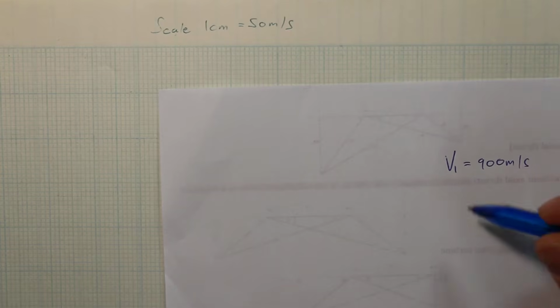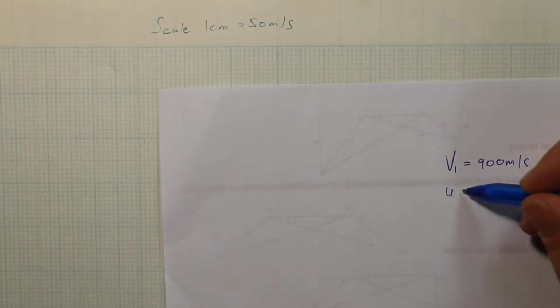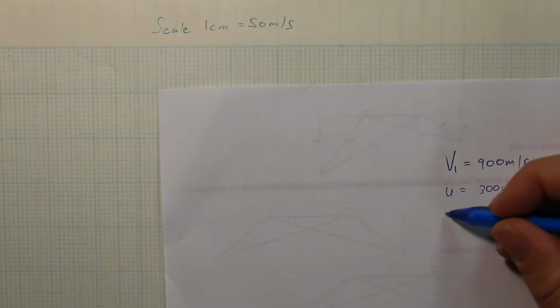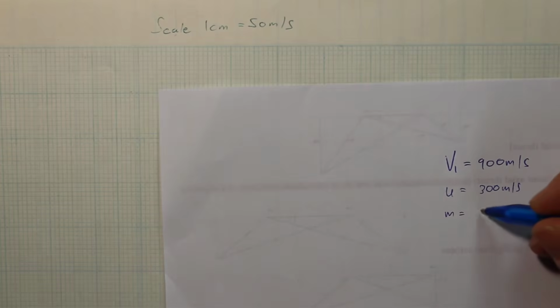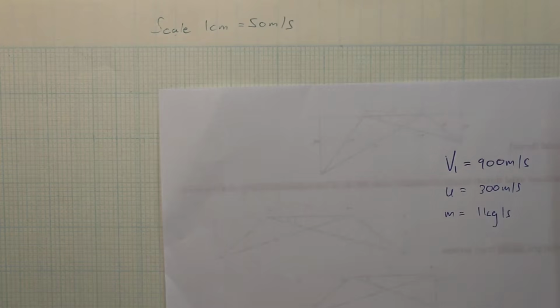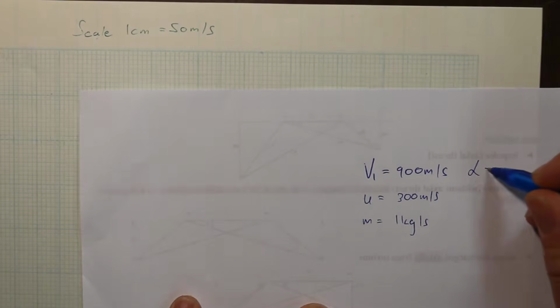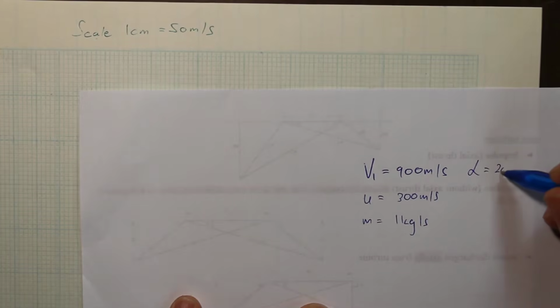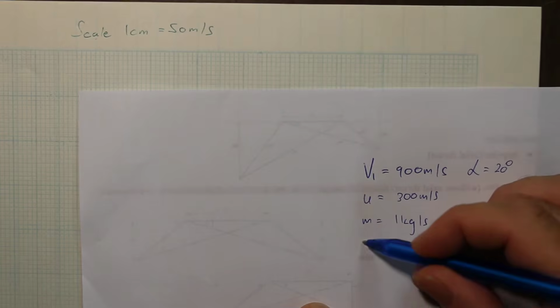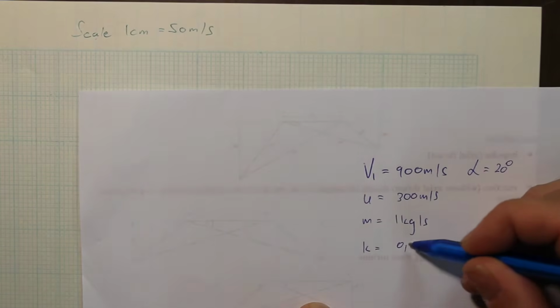Then they say that the speed of the blades, or the velocity of the moving blades, is 300 meters per second. The mass flow is 1 kilogram per second. The angle of the steam coming in is 20 degrees. Then they say that the coefficient of friction is 0.7.